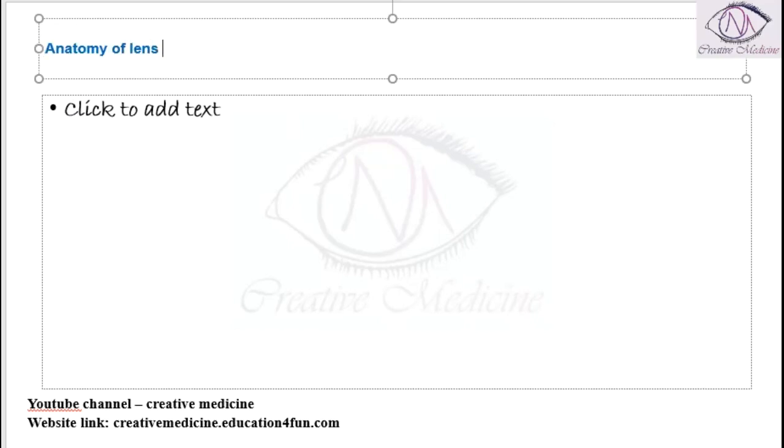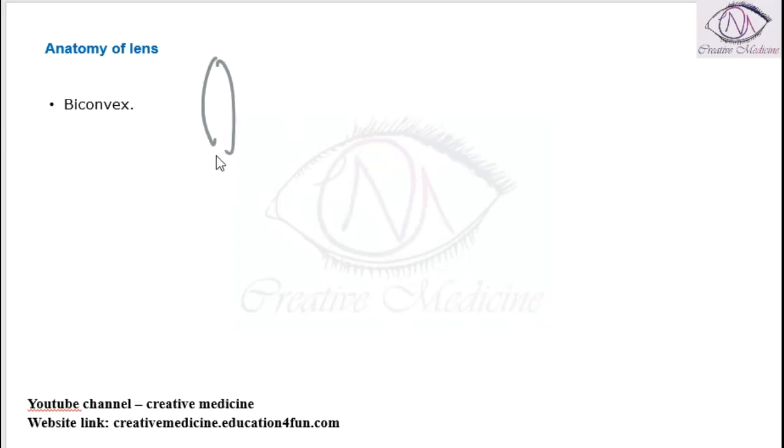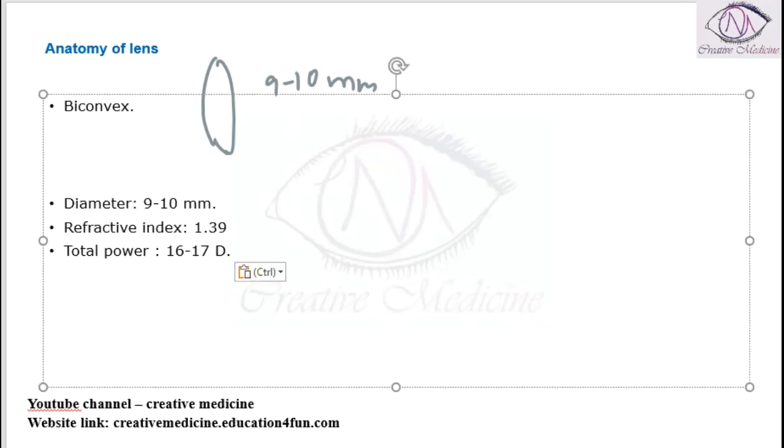In the anatomy of the lens, mainly the lens is a biconvex surface, something like this, and it has a diameter of 9 to 10 millimeters, a refractive index of 1.39, and a total power of 16 to 17 diopters.